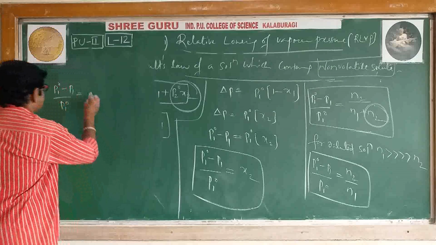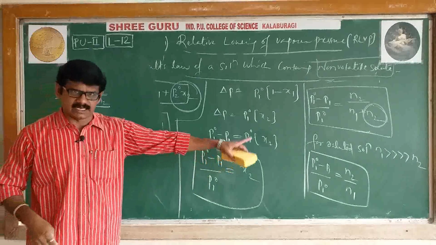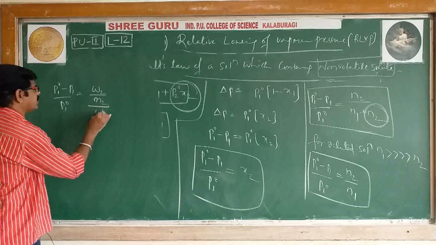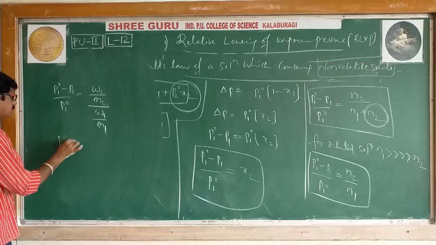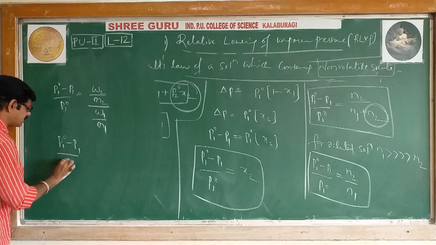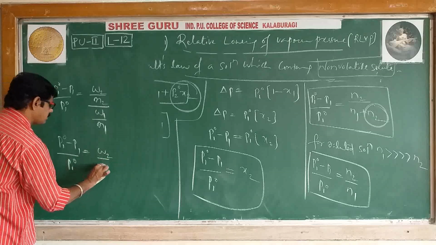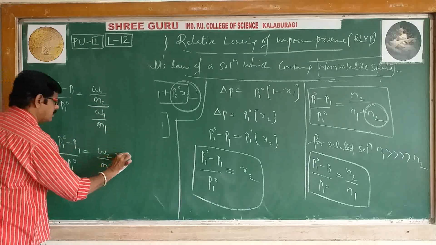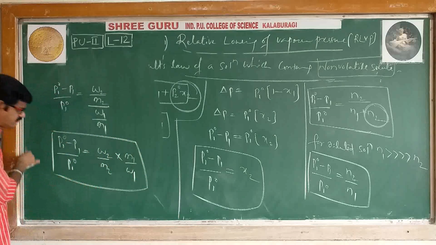We'll write like this: W2 by M2 divided by W1 by M1. Then we shift: (P1 naught minus P1) divided by P1 naught is equal to W2 by M2 into M1 divided by W1. This is our final Raoult's law formula.